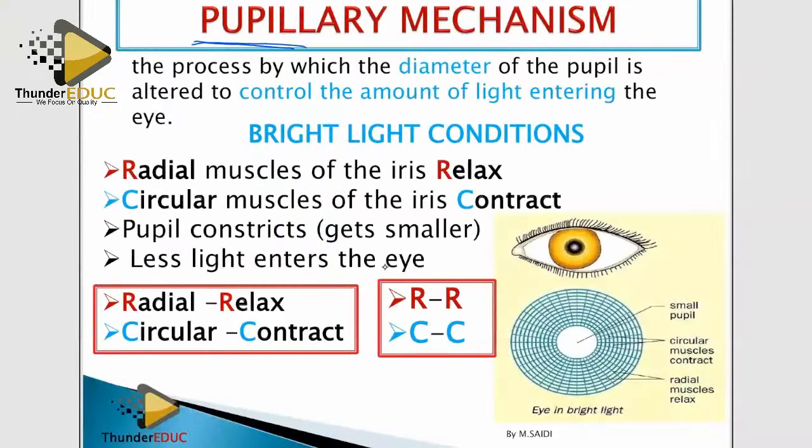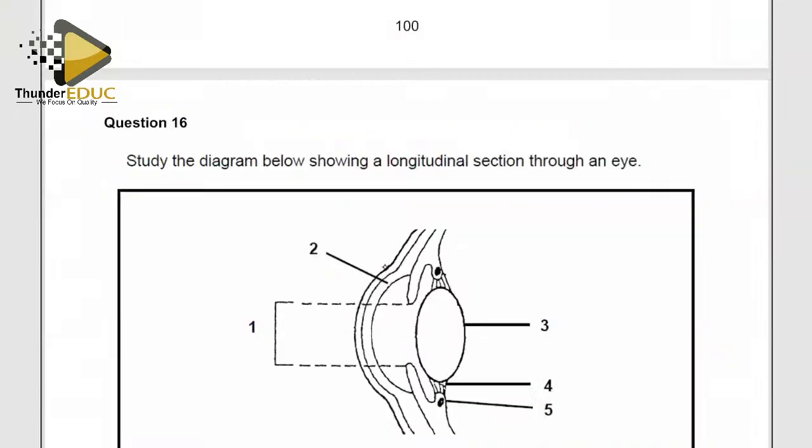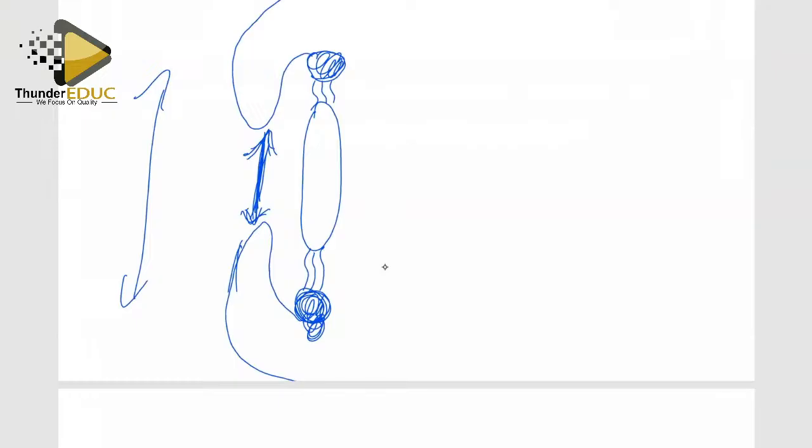This is the eye's ability to see in dim and bright light. It does so by the iris allowing the specific amount of light into the eye, by adjusting the size of this pupil.